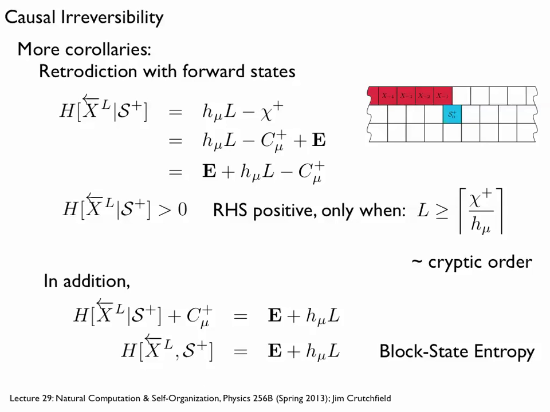Another observation is when we think of the information diagram, there was that outside wedge, the past given the forward causal state information, and we add back in its statistical complexity. Well, we know that thing has an asymptote that eventually starts scaling like E plus H mu L. That was just from the information diagram.